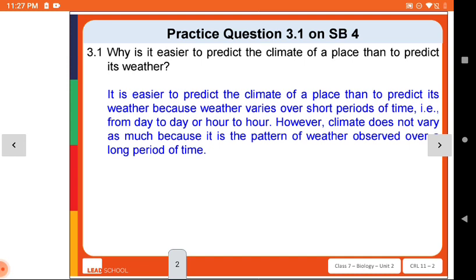The reason is that weather changes frequently and is for a short time, but the climate of a particular place is for a long time. So that's why it is easier to predict the climate of a place. In case of weather, it varies over a short time.